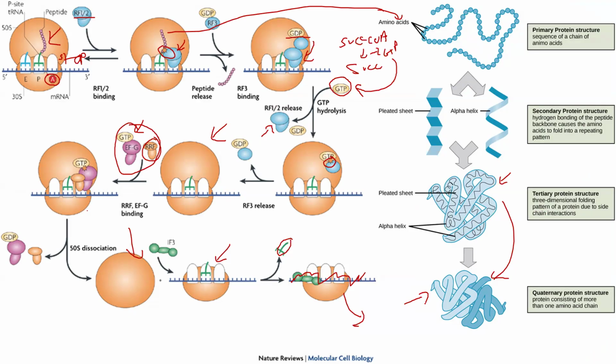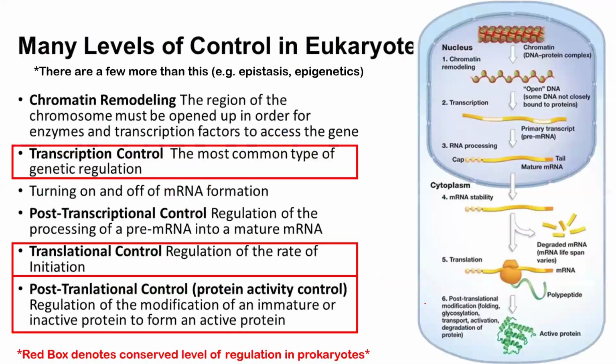But one of the biggest driving factors of how a protein will act inside of a cell, as far as its functionality, has to be how much protein you have available to you.